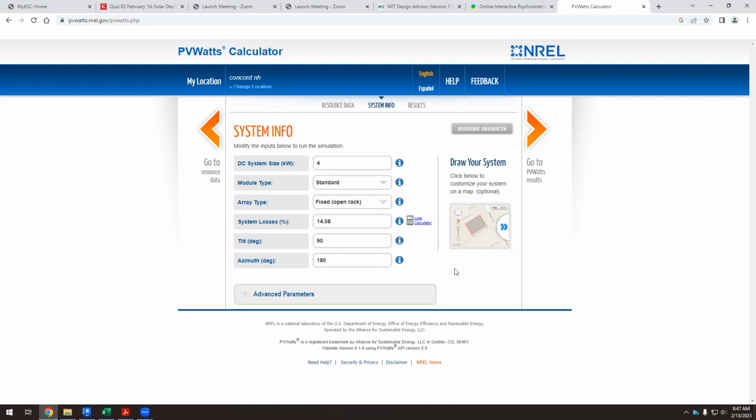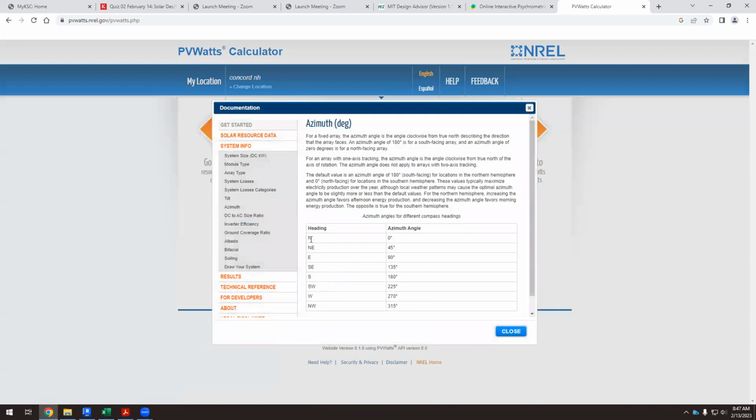If we had a skylight, then we would have to calculate the angle of that roof. But if we are just looking at walls, the tilt is always 90. And what about the azimuth? The azimuth is the orientation. So if we click here, info, north is 0, south is 180, east is 90, and west is 270.